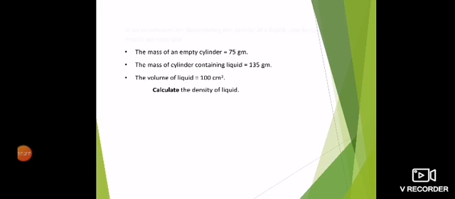Okay, let's see the problem. In an experiment to determine the density of a liquid, the following results are recorded. The mass of the empty cylinder is 75 grams. The mass of the cylinder containing liquid is 135 grams. The volume of liquid is 100 cubic centimeters. Calculate the density. To calculate the density, I should know the mass of the liquid and the volume of the liquid.